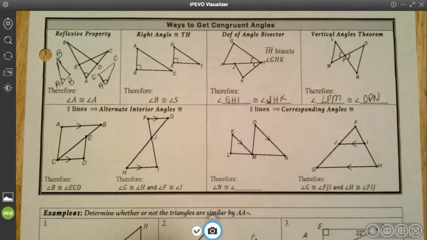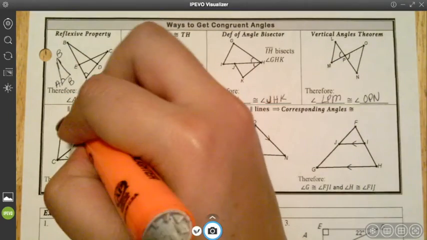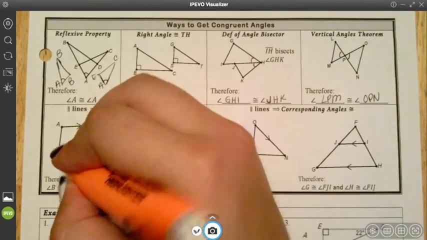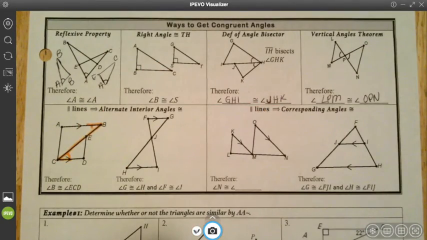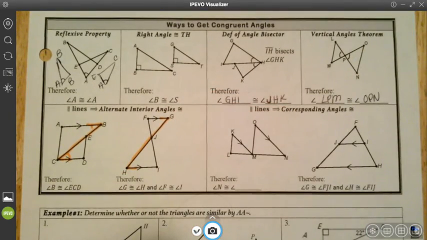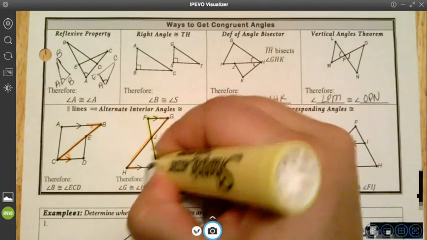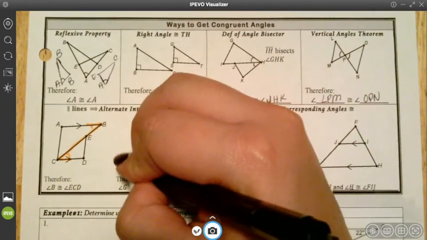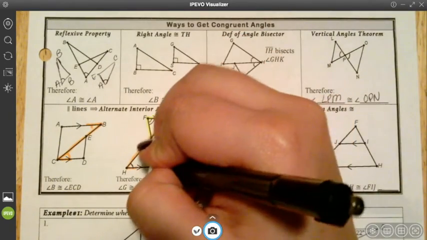So again, I'm going to use the Z method. That gives us alternate interior angles here. Angle B is congruent to angle ECB. And it also gives us congruent angles if we have diagonals this way. We have two pairs of congruent angles. So we have angle G congruent to angle H. We also have angle F congruent to angle I.